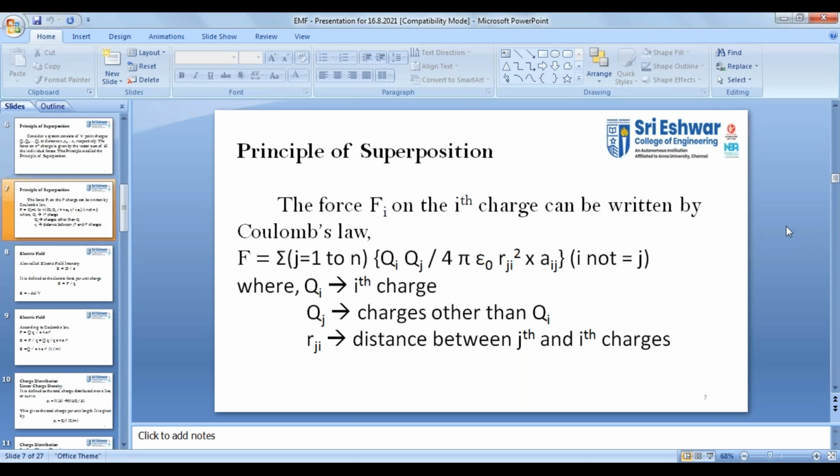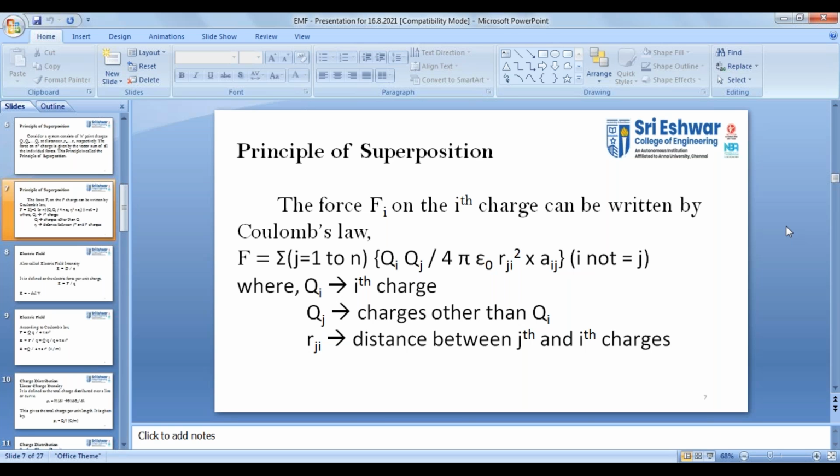Okay, so force Fi on the ith charge can be written by Coulomb's law as, the formula we already know, F is equal to sigma from j is equal to 1 to n qi qj divided by 4 pi epsilon naught rji square into aij.